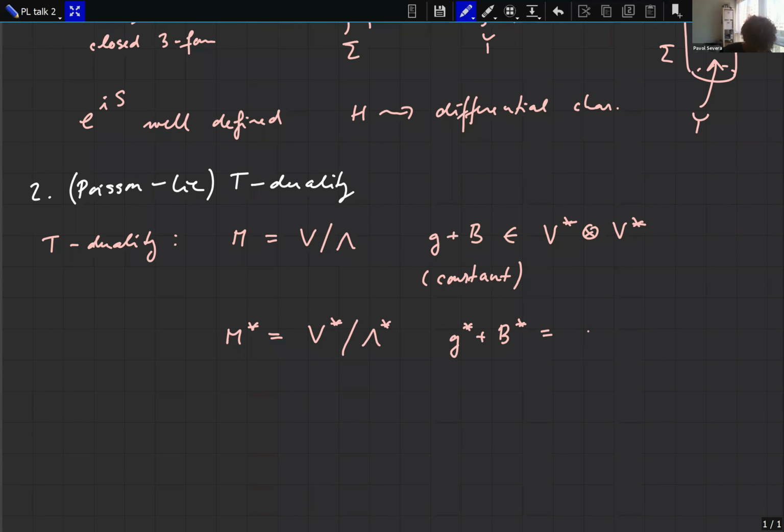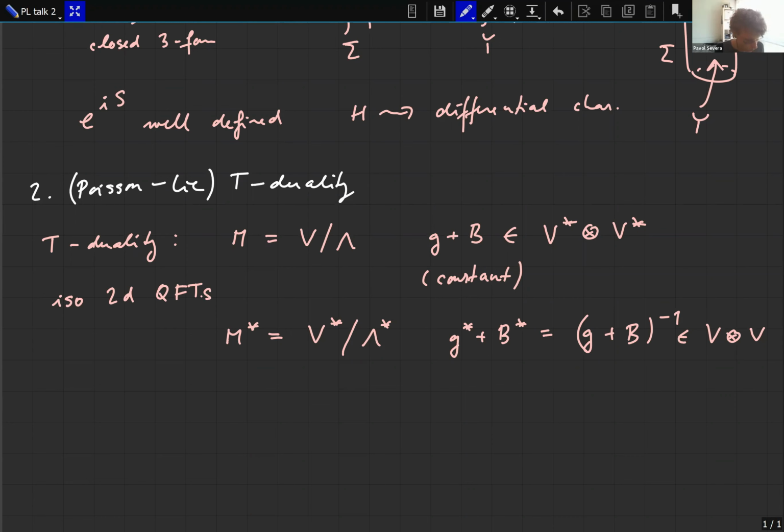We simply take this G plus B, but we need to take the inverse so that it now sits in V tensor V. And the statement is that these two two-dimensional sigma models are isomorphic, give the same quantum field theory, or two-dimensional conformal field theories in this case.